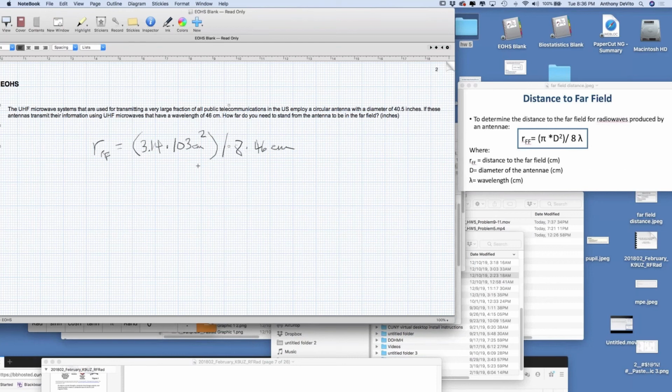Okay, so let's look at our units first. Our units are going to wind up centimeters squared over centimeters, so our units are going to wind up being centimeters. Okay, so let's actually do the calculation.